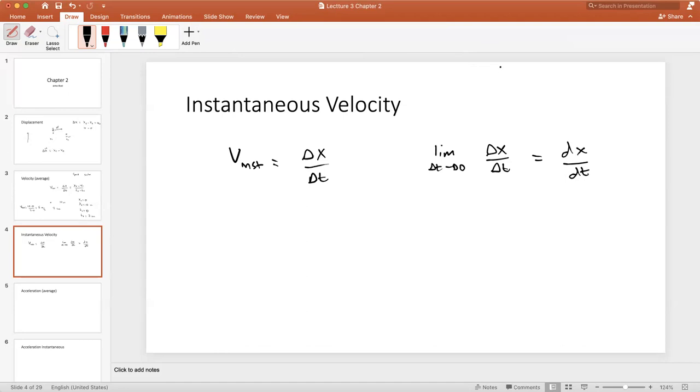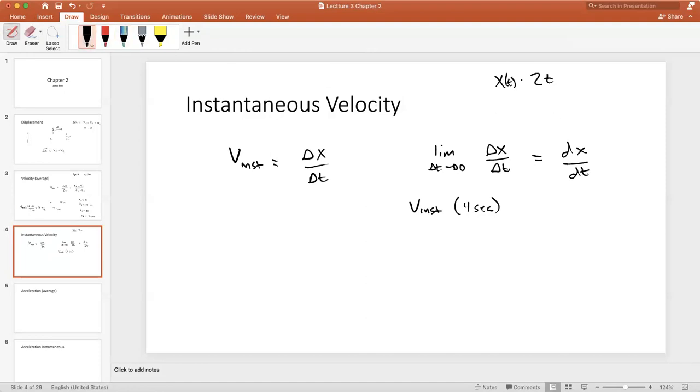So for instance, I might have a position function that is simply 2t, right? And if I want to know the instantaneous velocity, I have to specify a time. So let's say the instantaneous velocity at, I don't know, 4 seconds. Well, what is the derivative of this function of x, which I should really write, sorry, I'm being imprecise as well.